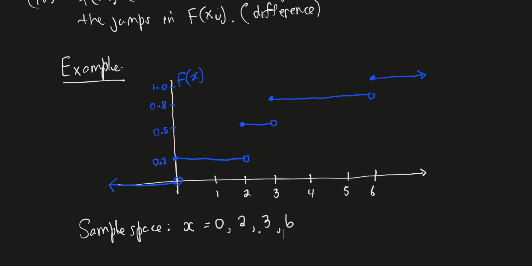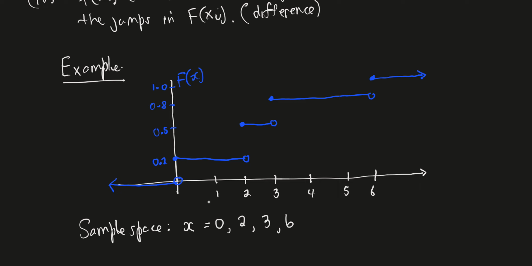And it's important for you to see sample spaces like this where they're not necessarily consecutive integers. Like the gaps between them are different. We have a gap of 2 between 0 and 2. Then we have a gap of 1 between 2 and 3. Then we have a gap of 3 between 3 and 6. So it doesn't have to be uniform, right?